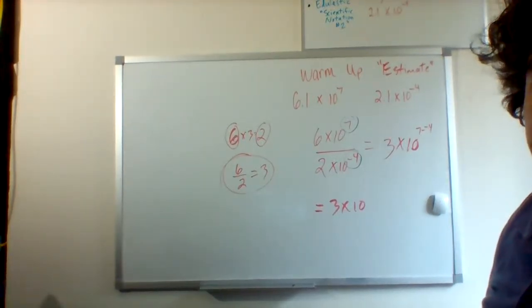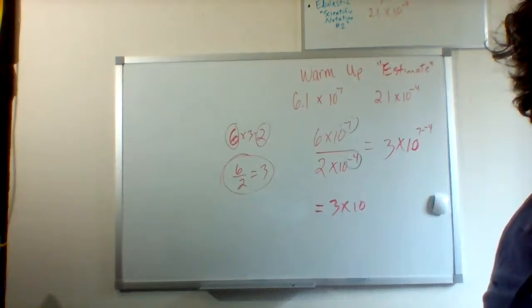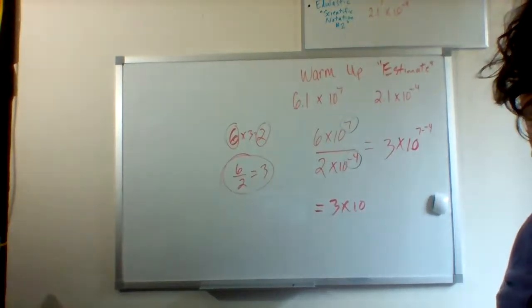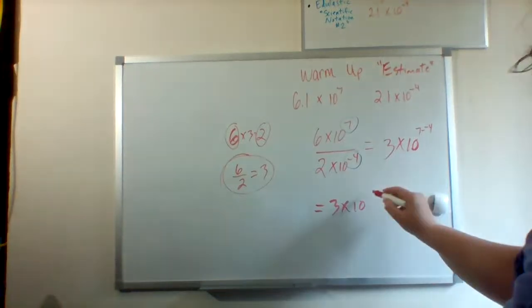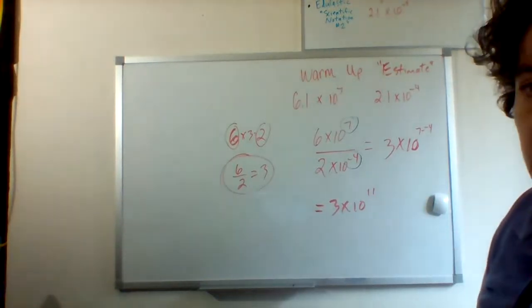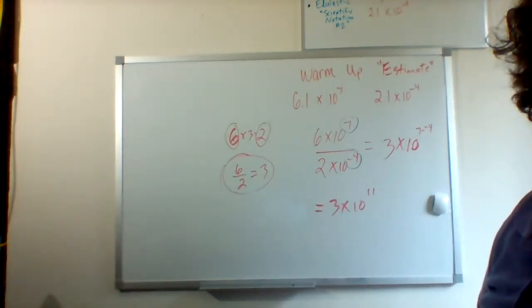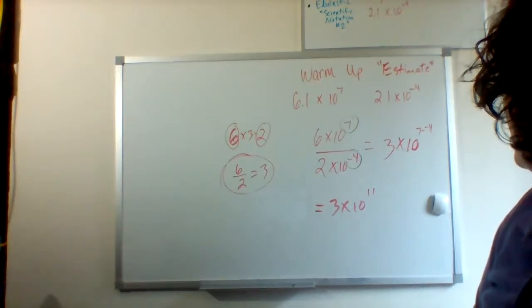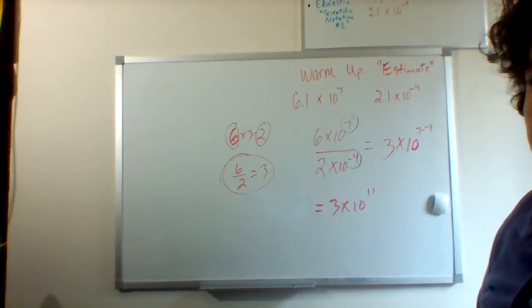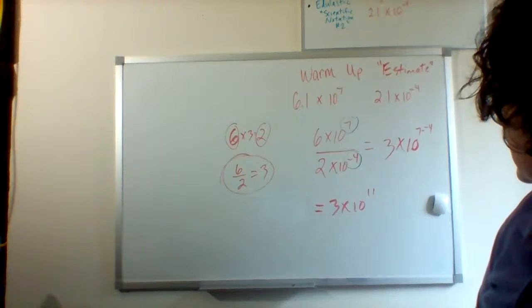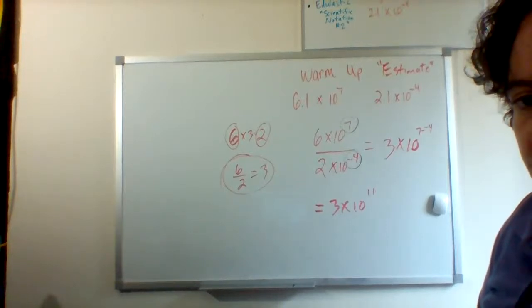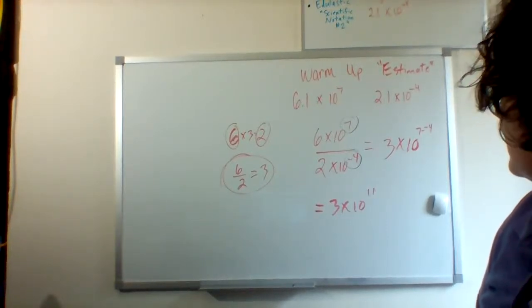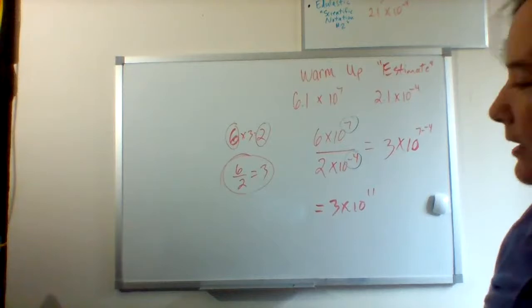It's okay. 7 take away a negative 4. Opposite of negative is positive. I'm taking away negative. Seven minus a negative 4 is 11.